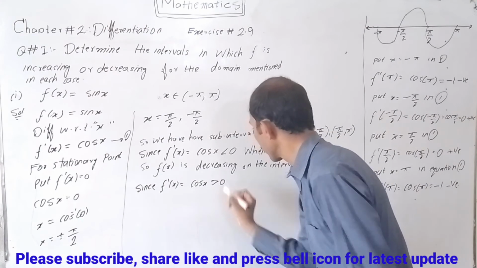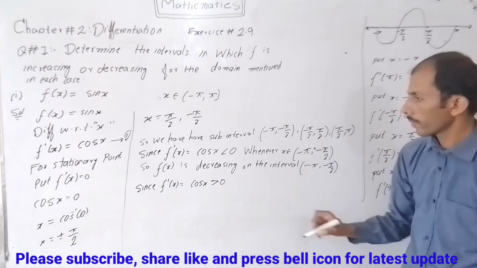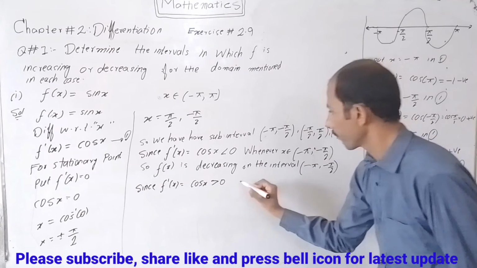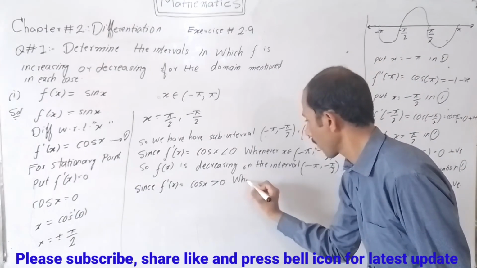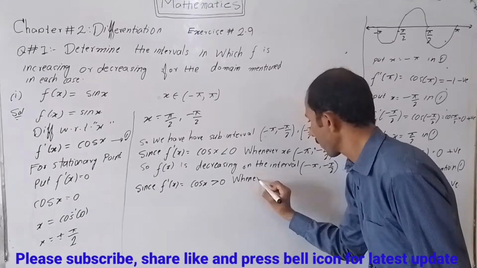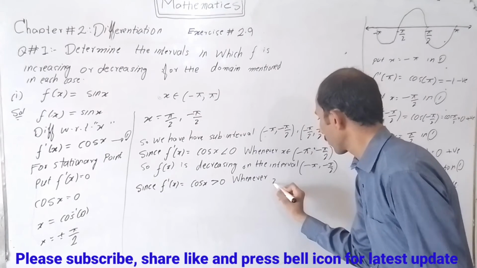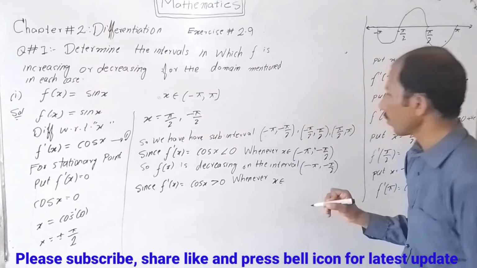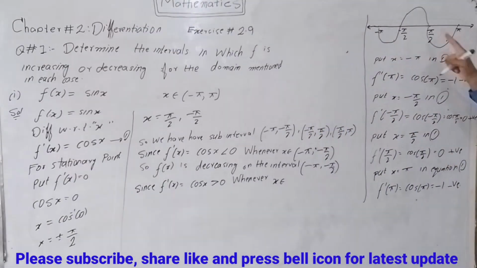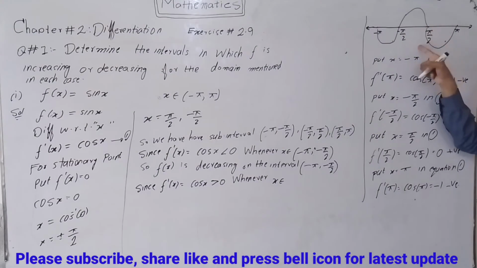Whenever x belongs to minus pi over 2 to plus pi over 2, the graph lies above the real line.